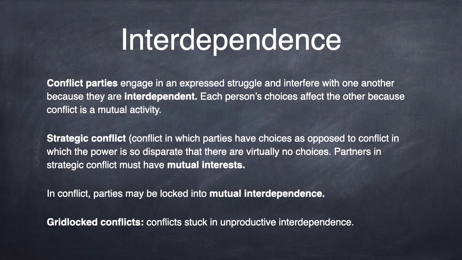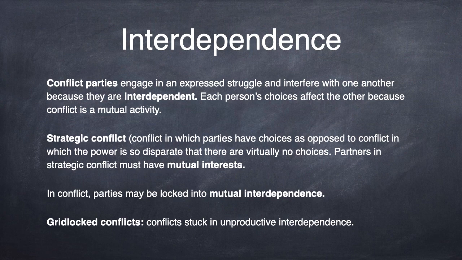When conflict is strategic, it means that both parties have choices, as opposed to conflict in which the power is so disparate, or different or uneven, that there are virtually no choices. Partners in strategic conflict must have mutual interest in order to move the conflict forward in a positive way.